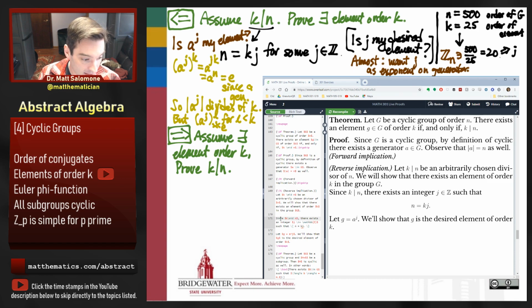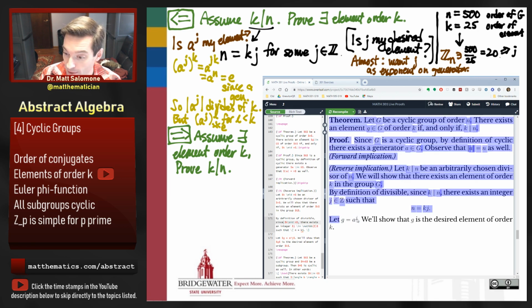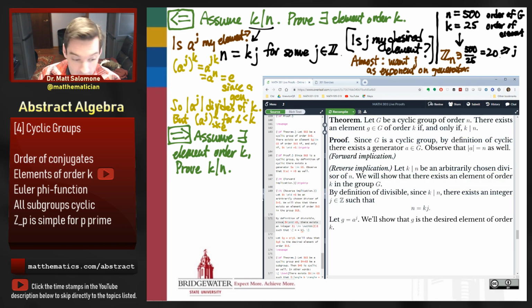We might even say by definition of divisible. Since k divides n, there exists an integer j such that n is equal to kj. And then when we say let g equal a to the power j, now the reader knows that a refers to the generator, and j refers to the integer that we just brought into existence when we made an appeal to the definition of divisibility.